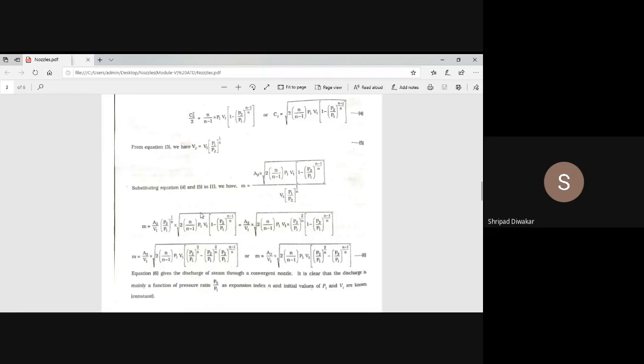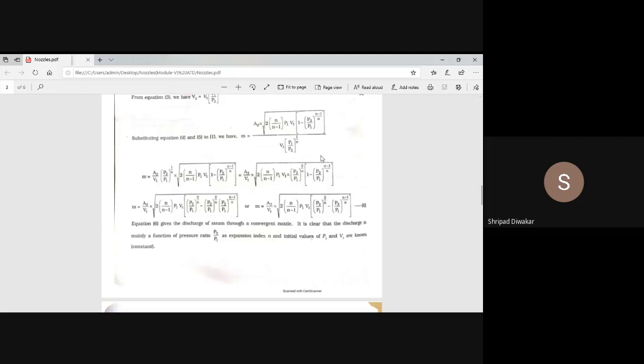So in the bracket 2 into n divided by n minus 1 P1 V1 into 1 minus P2 by P1 to the power of n minus 1 divided by n, square root, just put as it is. And in the next step, you see this equation here.